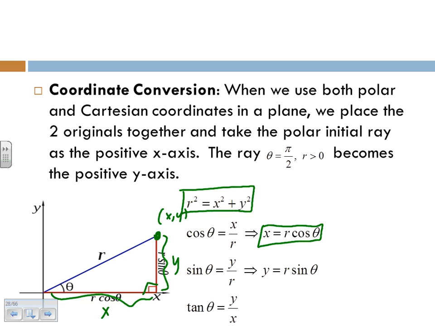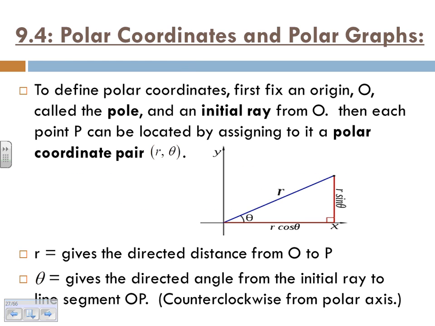So if you have the point 3, pi, could you find that x value? Let's see, what's cosine of pi? Negative 1, times 3 is negative 3. Is that what we found a little bit ago, when we went there, negative 3? Yeah.